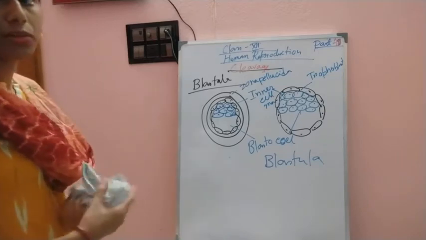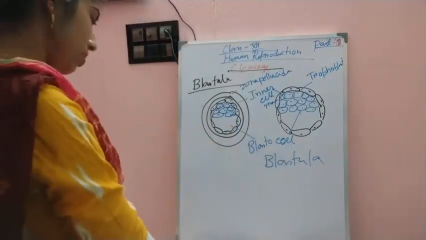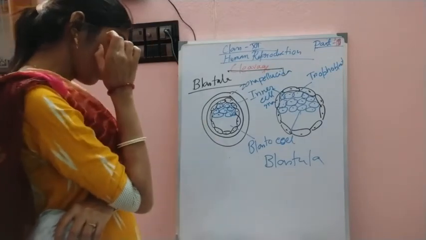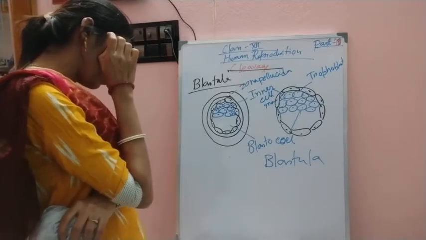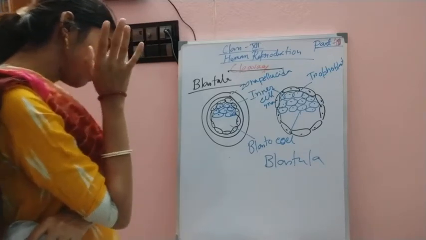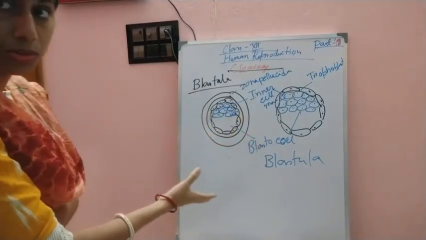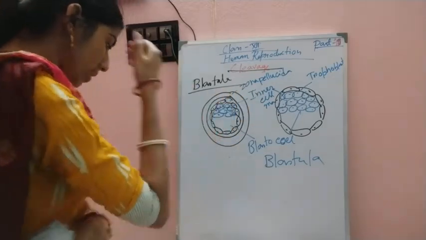So now if I want to differentiate between morula and blastocyst, we will say that the morula is a solid ball of cells called blastomeres, and the blastocyst is a hollow ball of cells. The blastocyst has trophoblast cells, but in the morula we don't find that type of trophoblast. The inner cell mass is quite different.